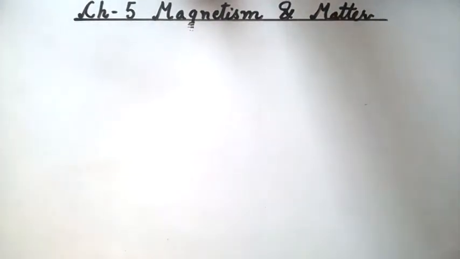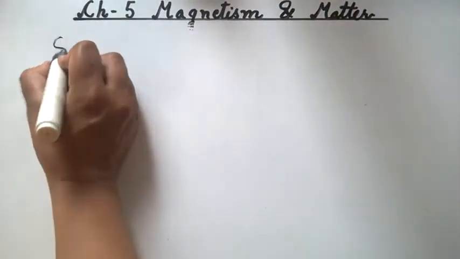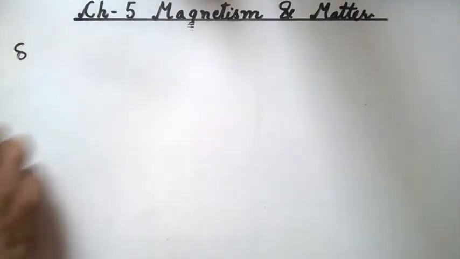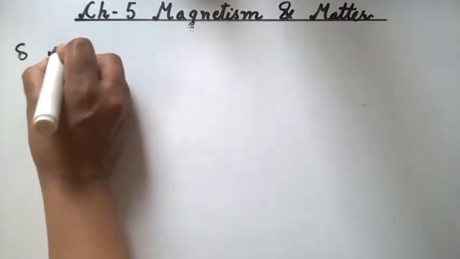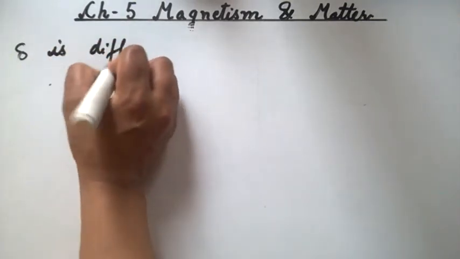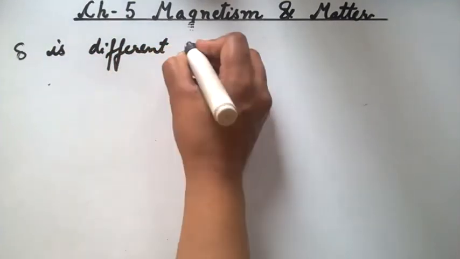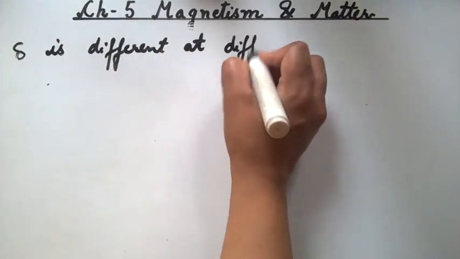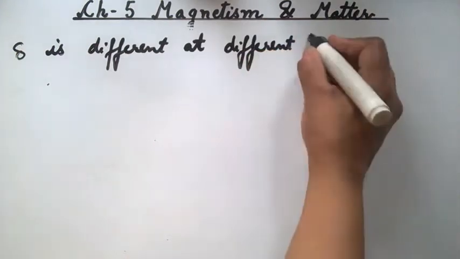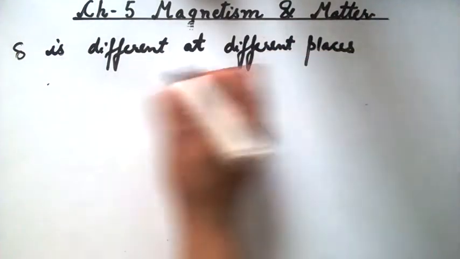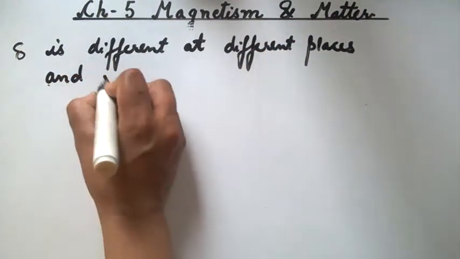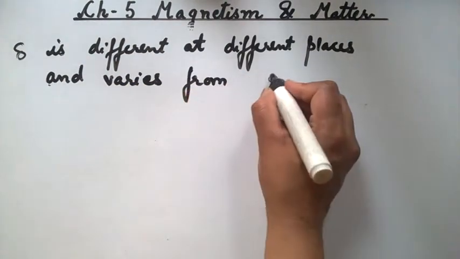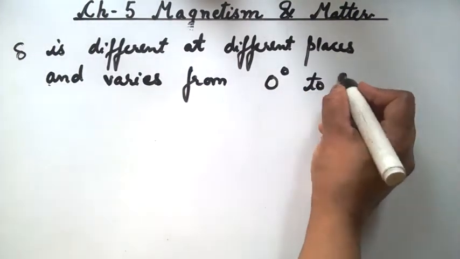Angle of inclination is different at different places and varies from 0 to 90 degree.